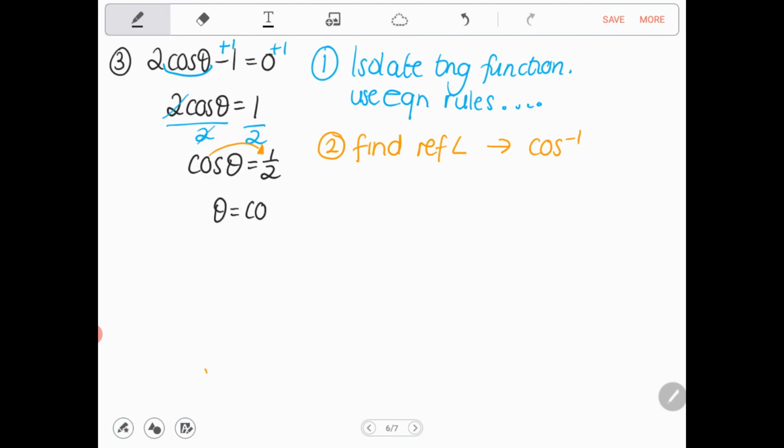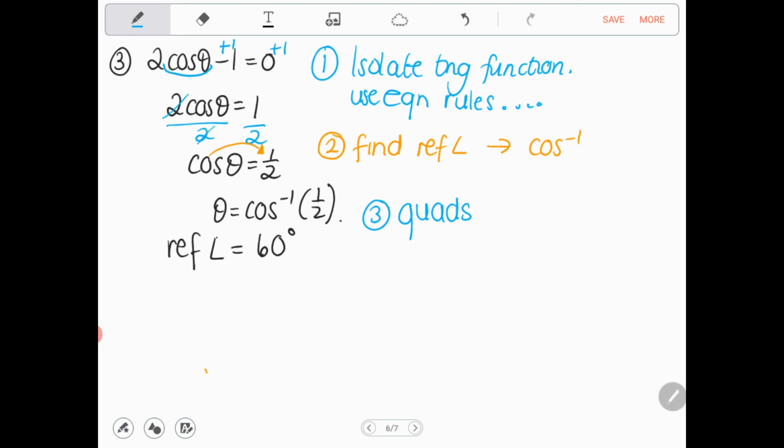So this is going to be arc cos of a half. And then we find our reference angle. The reference angle is going to be 60 degrees. But now we've got to think about which quadrants we're working in.